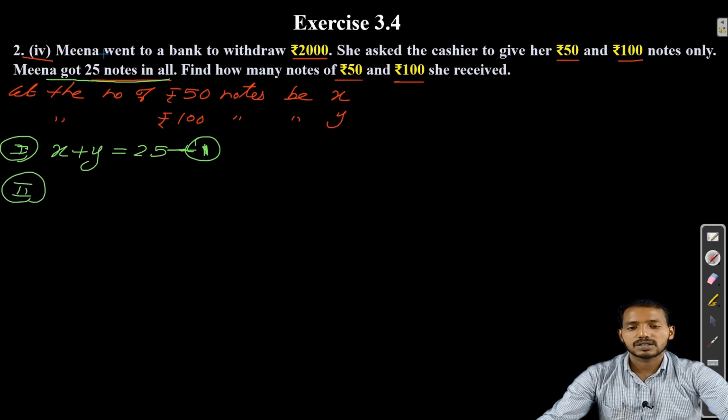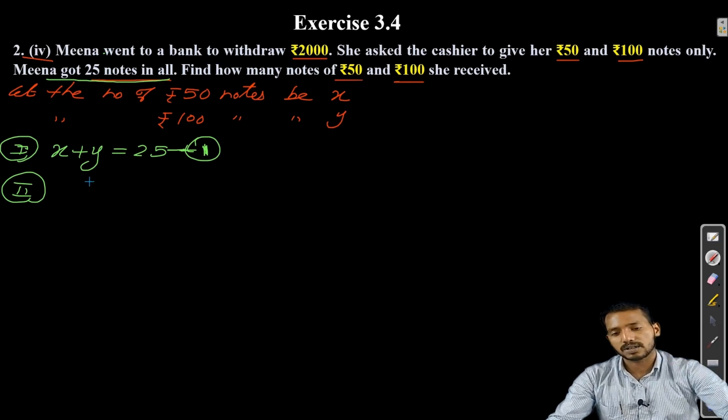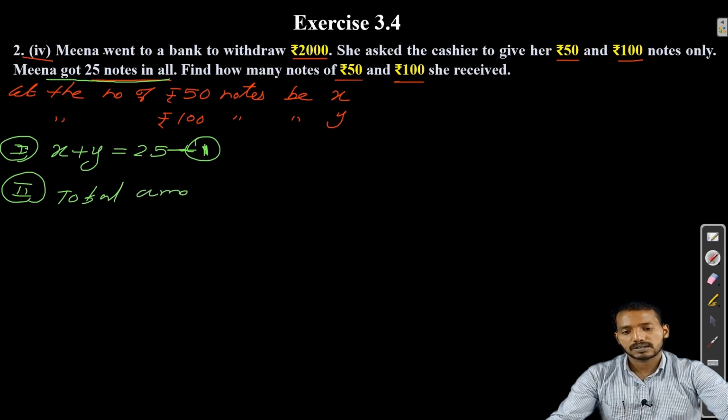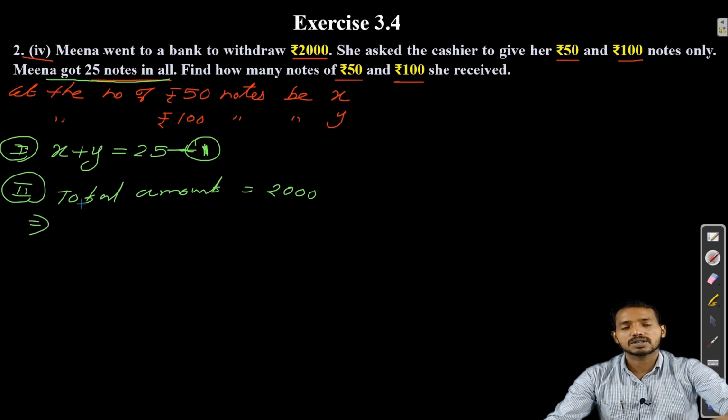Now come to the second situation. What is given? She went to bank to withdraw 2000 rupees. That means the total amount is equal to 2000 rupees. So total amount is equal to amount which she got in terms of 50 rupees plus in terms of 100 rupees notes.